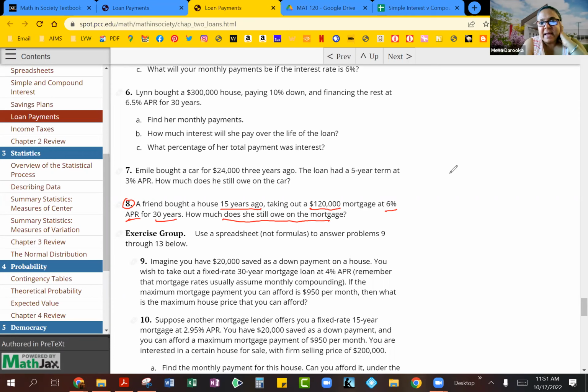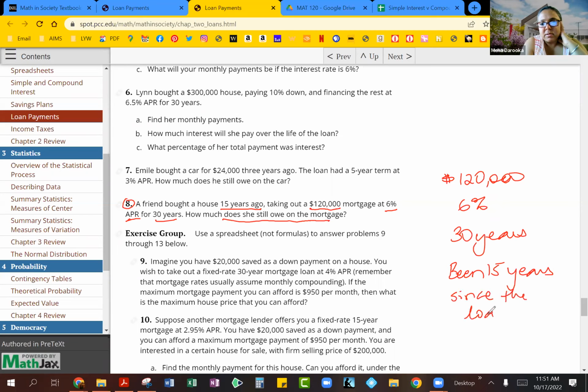So the loan was taken out 15 years ago for $120,000, 6% APR for 30 years, and of course it's been 15 years. Okay, I think that's all the information there, right?